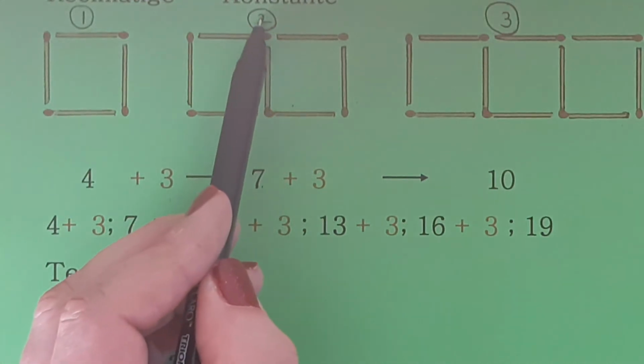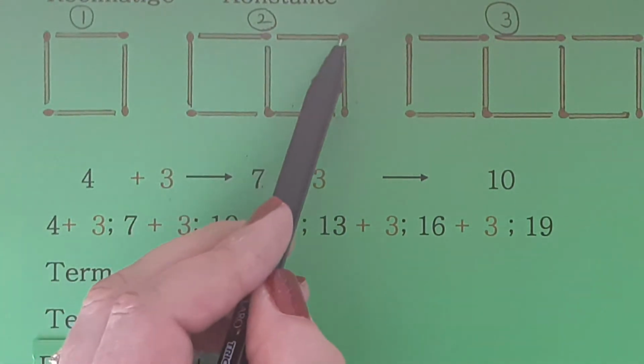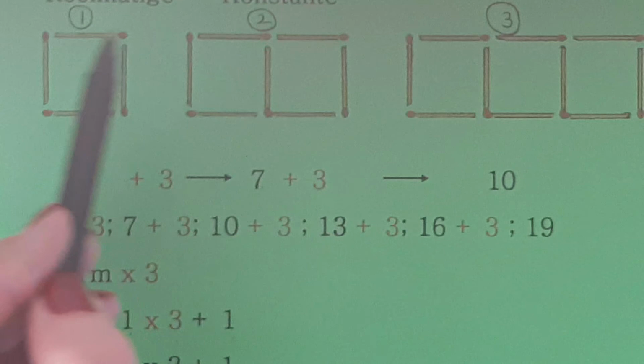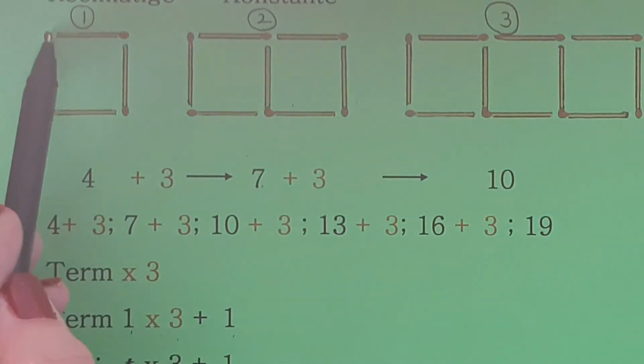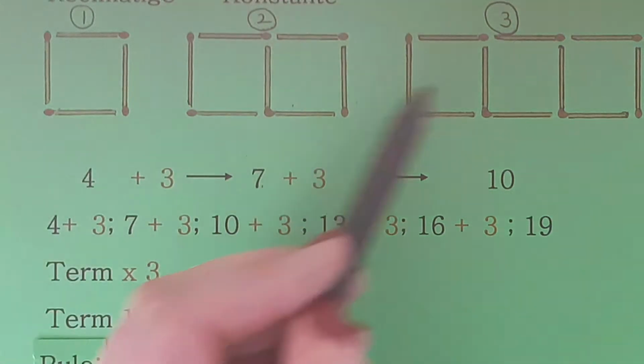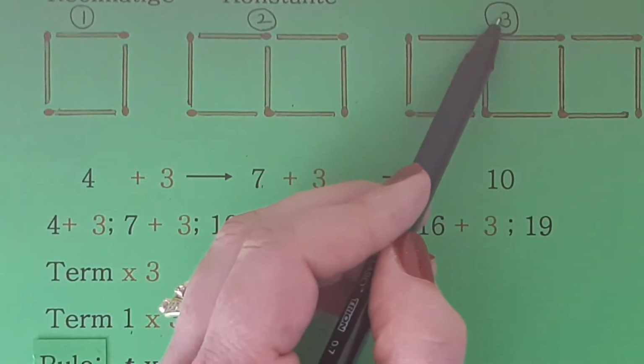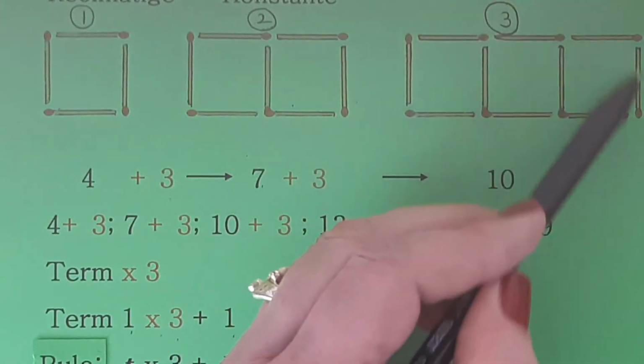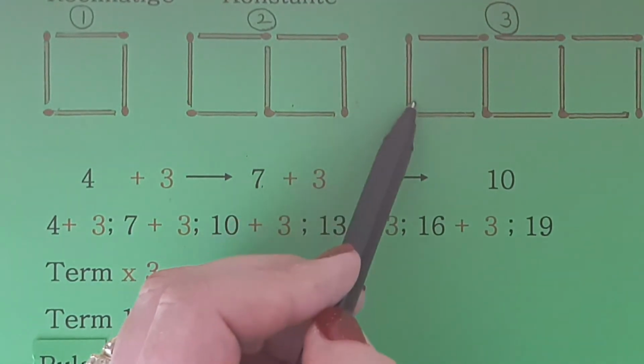Term 2 times by 3 is 6 plus 1 is 7. With the first one you start with 4 and then every time you just add 3 to get term 3. 3 times 3 is 9 plus the extra 1.